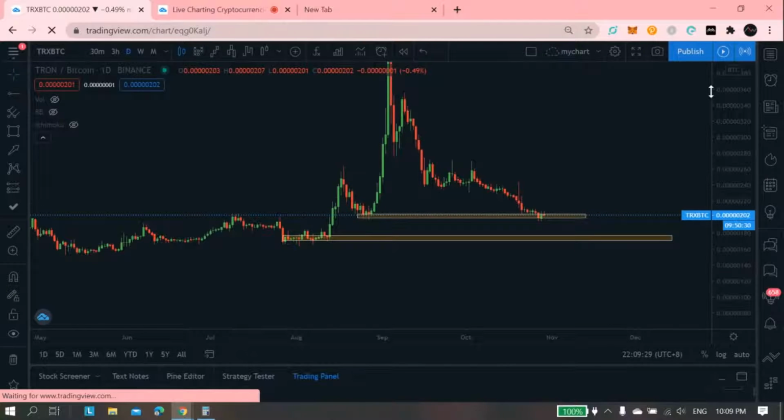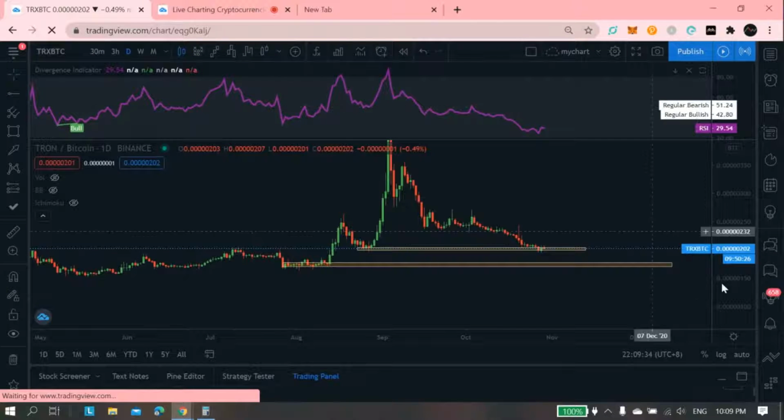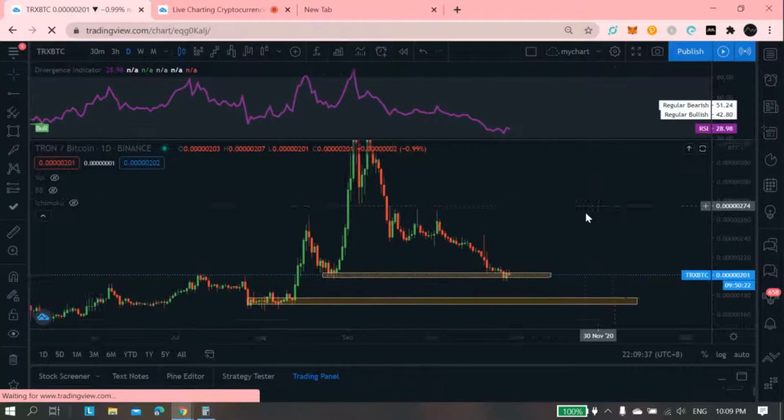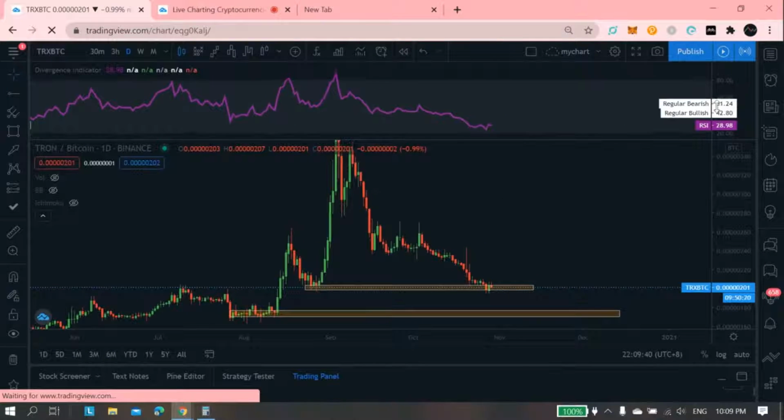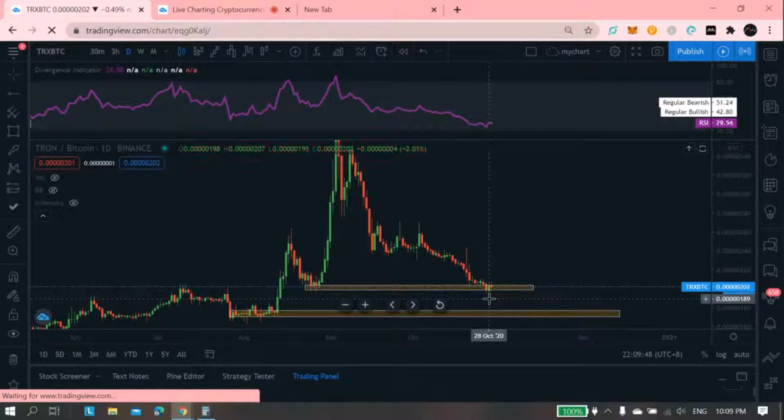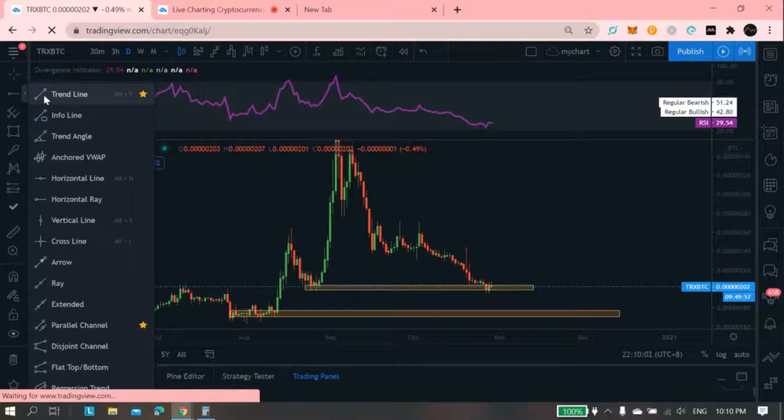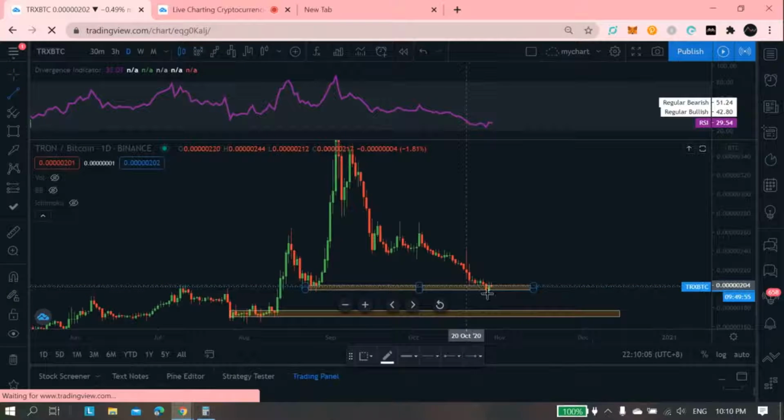So wait, let's add the divergence indicator. Oh, wait, let me check on this. Seems like there is a possible bullish divergence. Let's plot this one, or actually these two candles here.